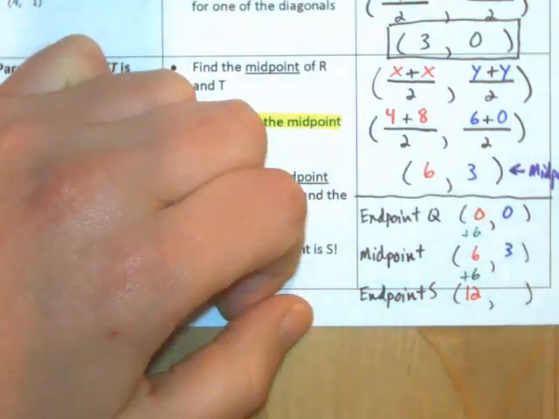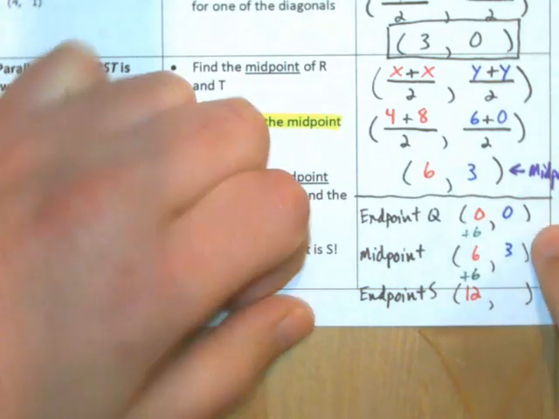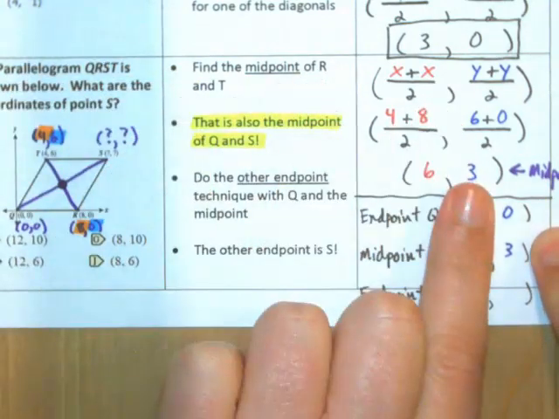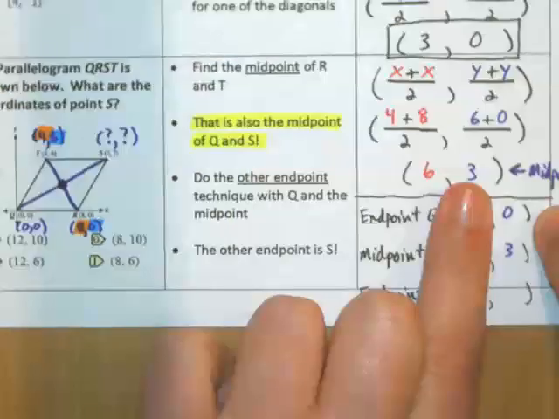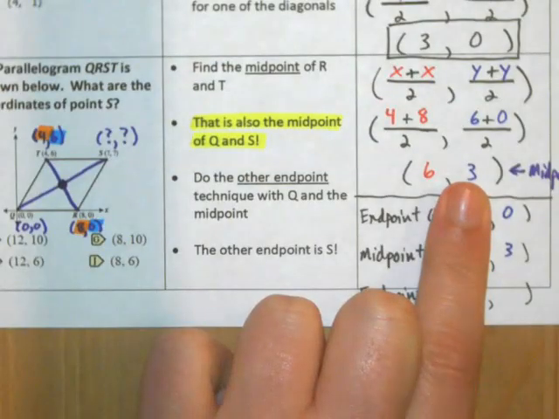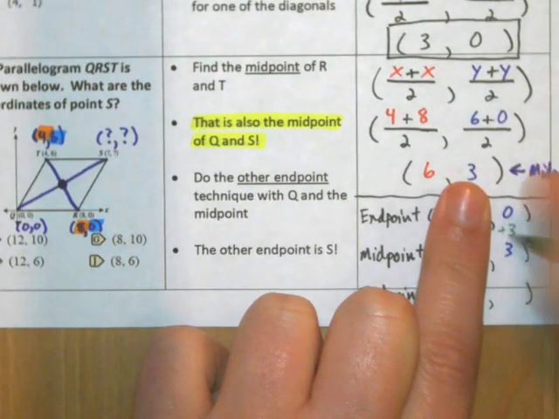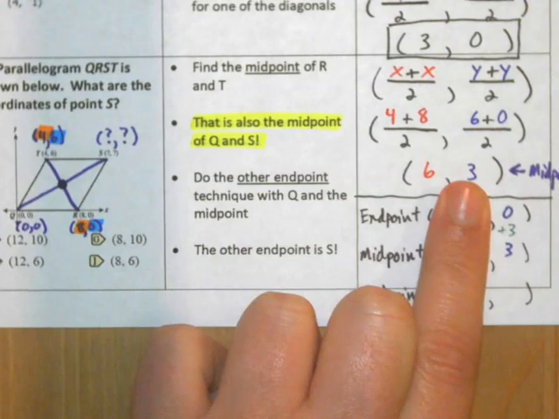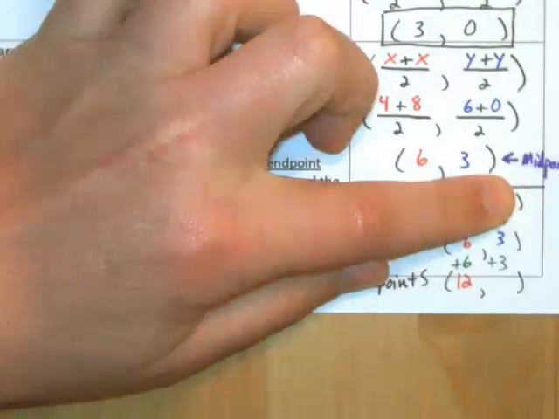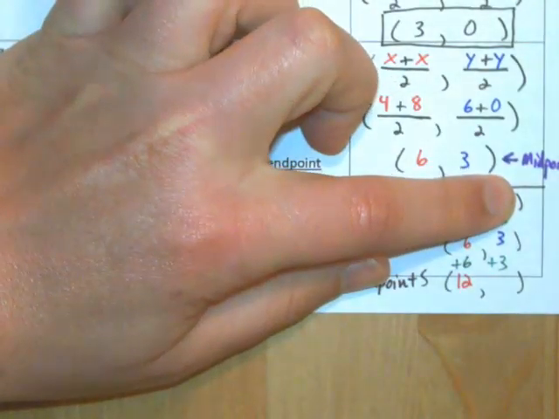I'm going to do a similar thing for the Y values. What would we need to add to go from 0 to 3? We would need to add 3. So I'm going to do that again. And 3 plus 3 makes 6.